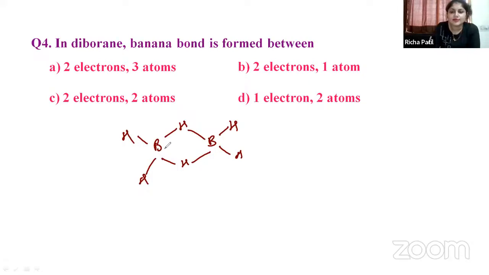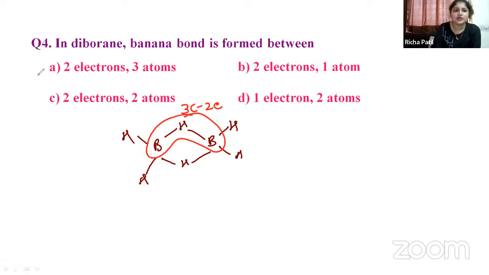These are said to be banana bonds. A banana bond is a three-center two-electron bond, that is, two electrons are shared between three atoms. So it is A. A is the correct answer.